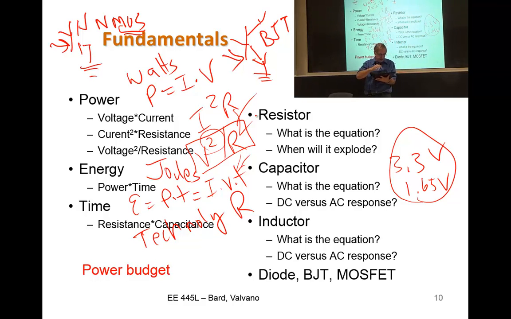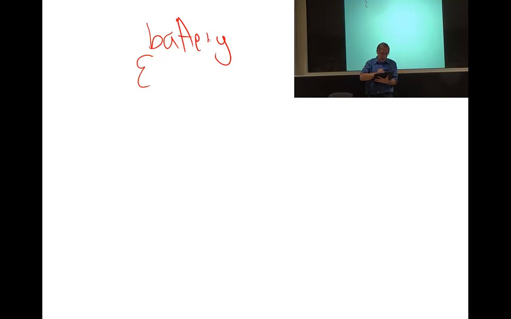So that gives us this power budget, and we'll see this later in the semester. If I look at a battery, if you buy a battery, do you know how it's spec'd? Yeah, it's often spec'd in amp hours.